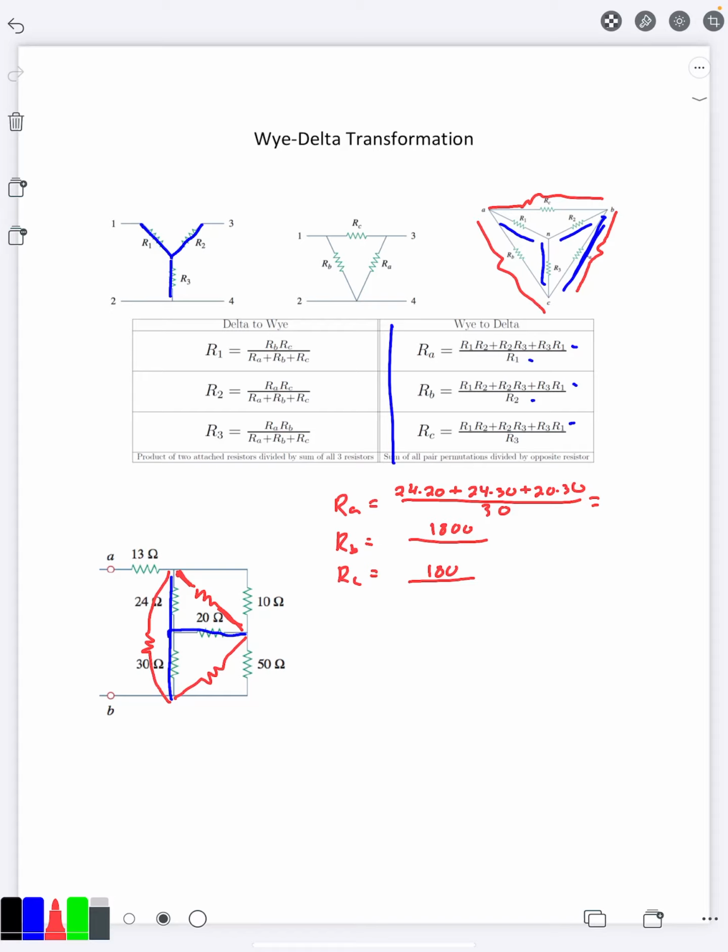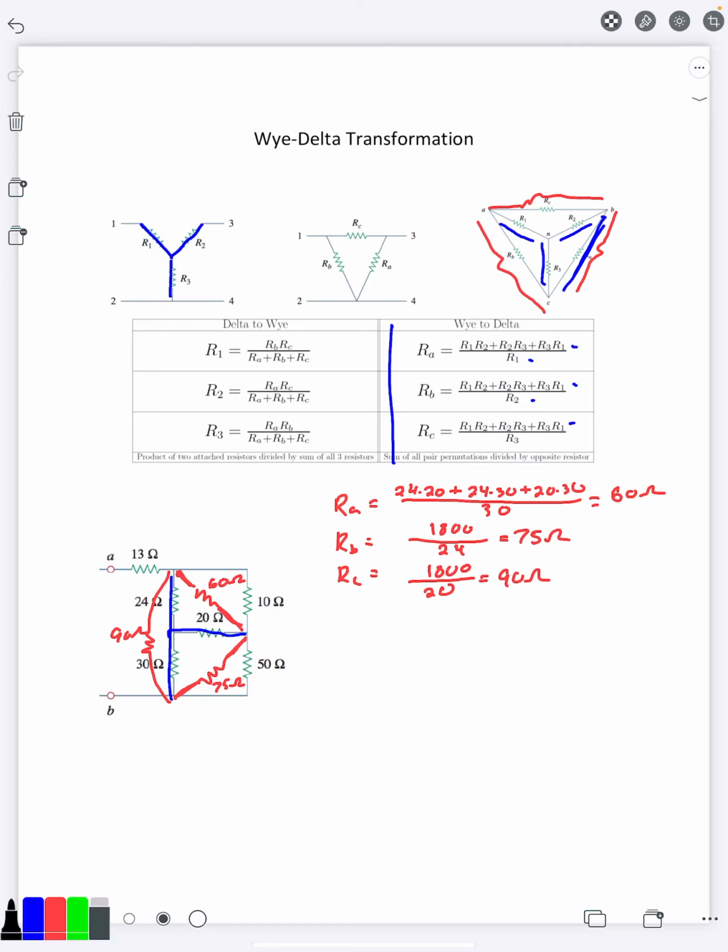So 1800 over 30 is 60 ohms. That means this one is 60. We'll call this one RB here. The resistor not connected to it is 24. So 1800 over 24 is 75 ohms. That goes right there. And the last one is going to be 1800 over 20, and that's 90.